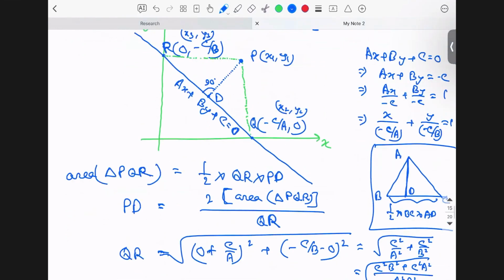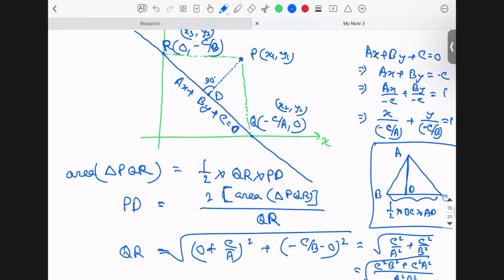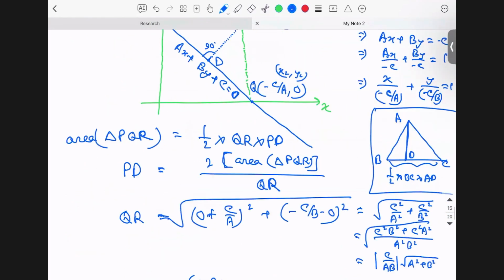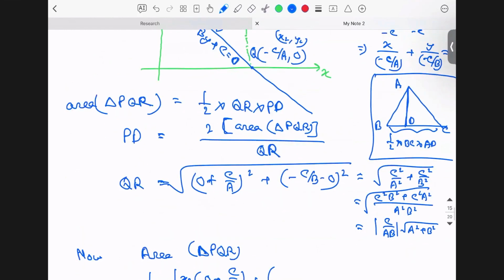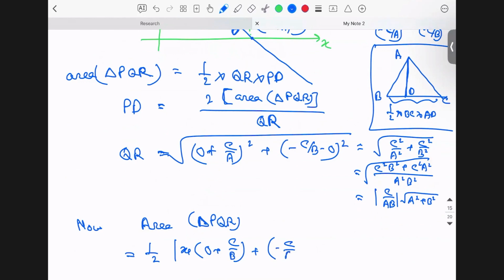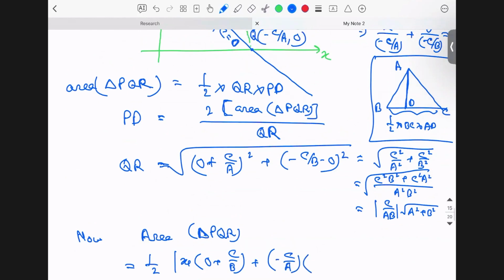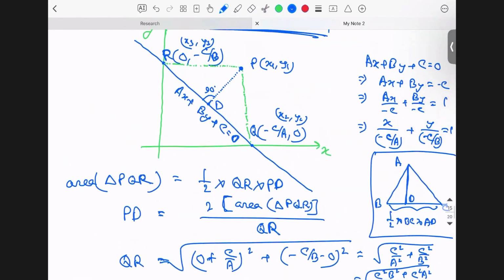So from here, you can write x1 into (y2 minus y3), that is 0 plus C by B, plus x2, which is minus C by A, into (y3 minus y1).